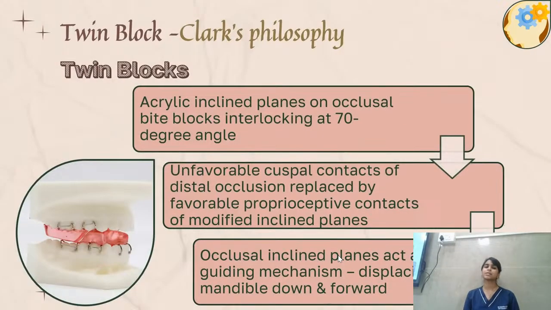So the twin block consisted of acrylic inclined planes on occlusal bite blocks interlocking at 70-degree angle. By removing the unfavorable cuspal contacts and replacing them by favorable proprioceptive contacts of modified inclined plane, these occlusal inclined planes acted as a guiding mechanism, displacing the mandible both downward and forward.